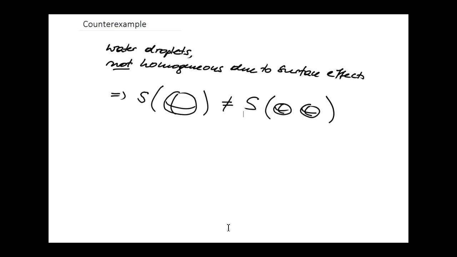Okay, after this counterexample, let's come back to the case where the system is homogeneous, and let's look at some consequences. One consequence is that you can make a clear distinction between thermodynamic variables that are extensive and others that are intensive.